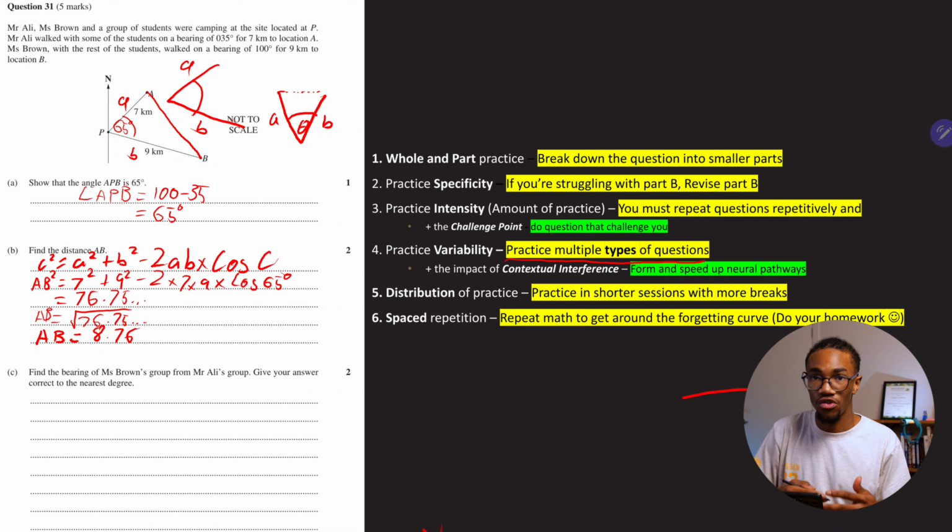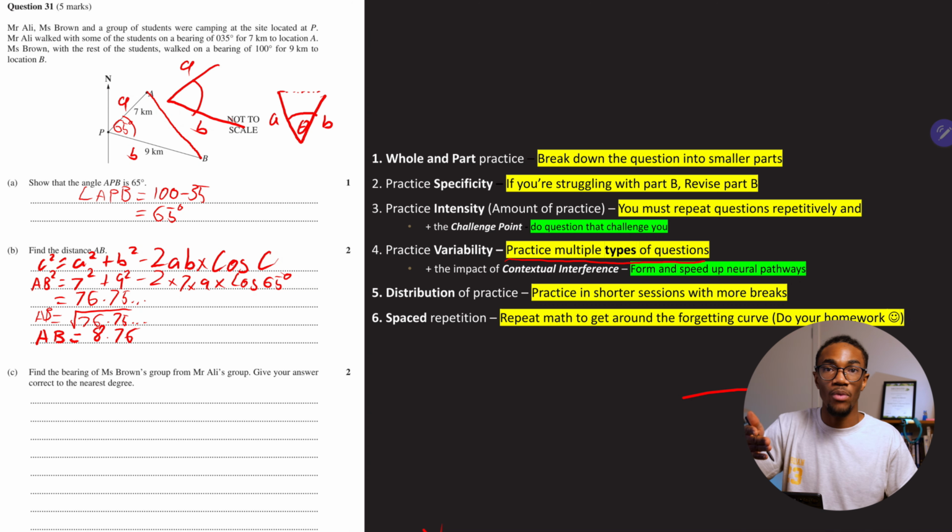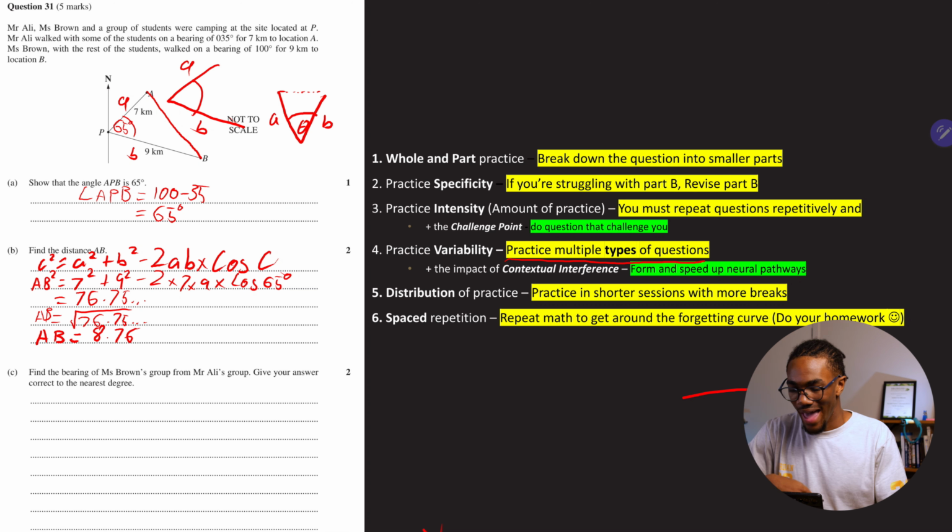So we practiced questions that were easy and got harder, and we practiced a whole lot of them. And then we practiced multiple types of questions while we were doing that. In that, we will take a 25-minute session and then have a bit of a break, go back into it. And then we would also be doing our homework. So that's a summary of this method.